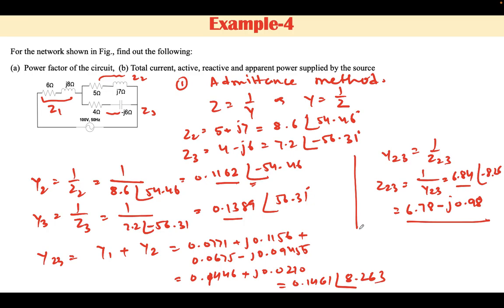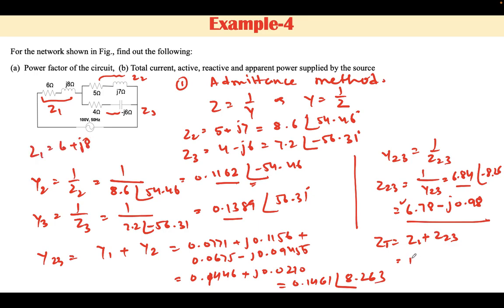Now the resultant impedance Z total of the circuit will be Z1 plus Z23, that is adding this value to Z1. Here Z1 is 6 plus j8.